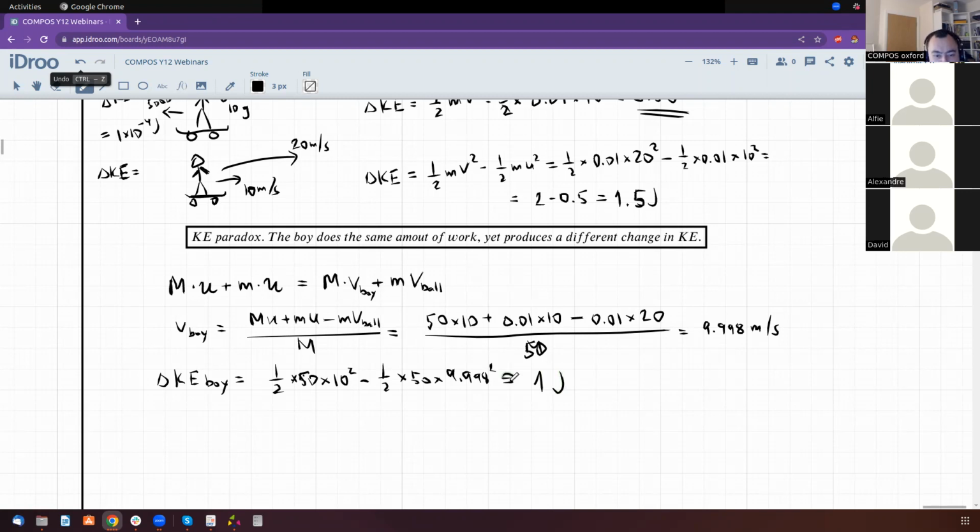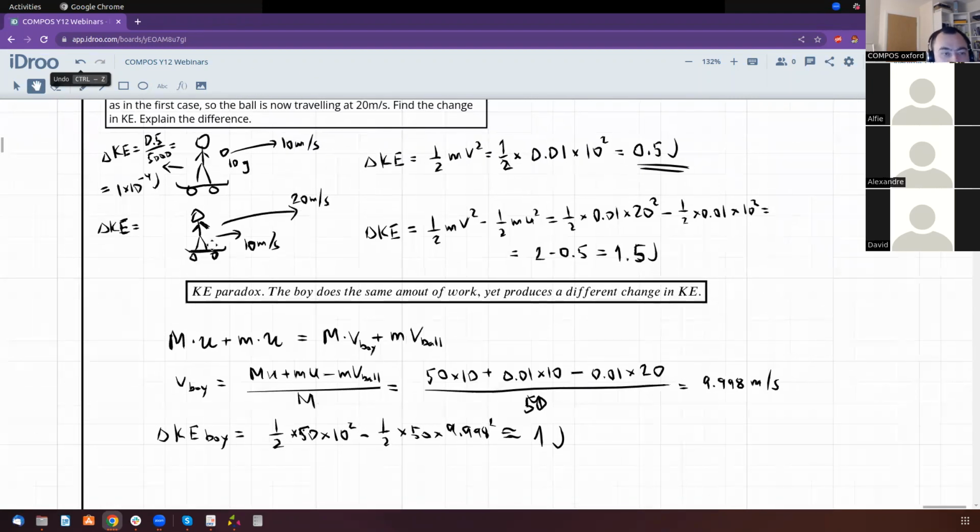Oh yes, now I see the problem. So in the first case, the change in kinetic energy is nothing.